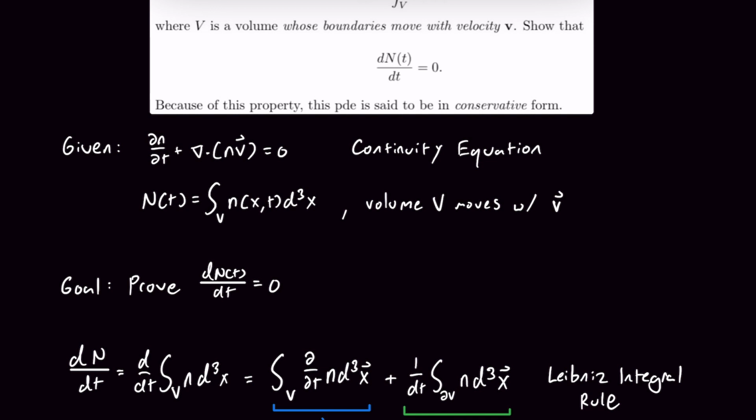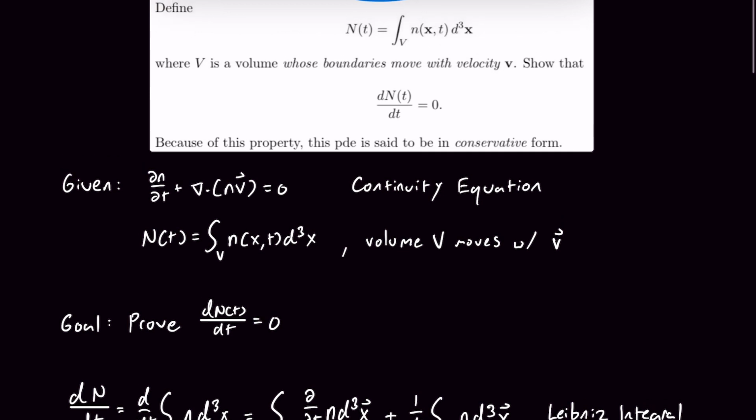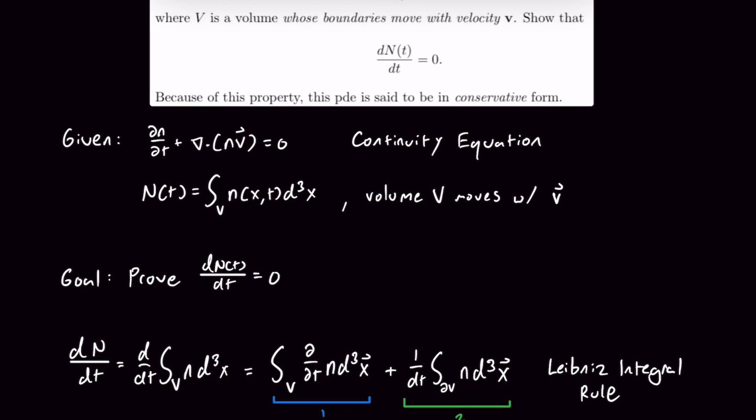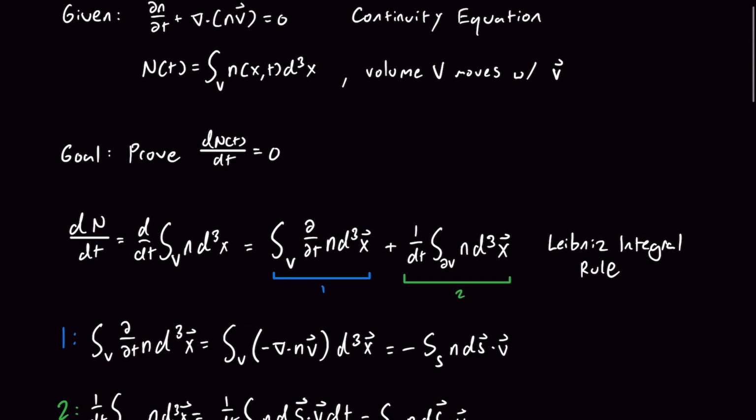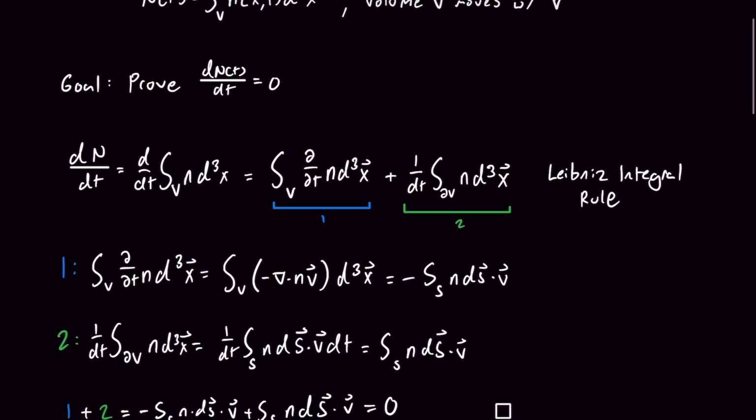So solving for this, we will use v without any arrows on top as volume, and v with arrows on top as the velocity. The goal here is to prove that N does not change. To show this, let's take N and take the full derivative of it.